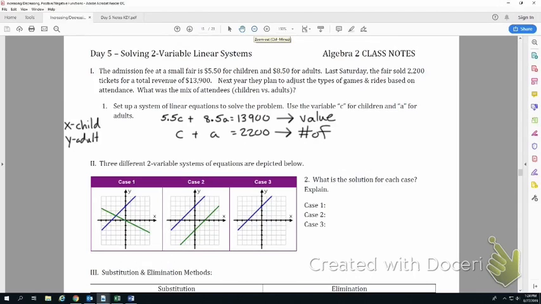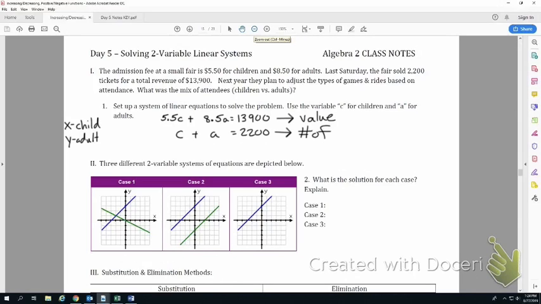Going back to the nickels and dimes thing, let's say I had 15 coins in my hand. So you would put n plus d equals 15. All the nickels plus all the dimes equals 15 coins. Okay, so not all of your systems are going to be set up with those two kinds of equations, with that mindset. A lot of them are, though.